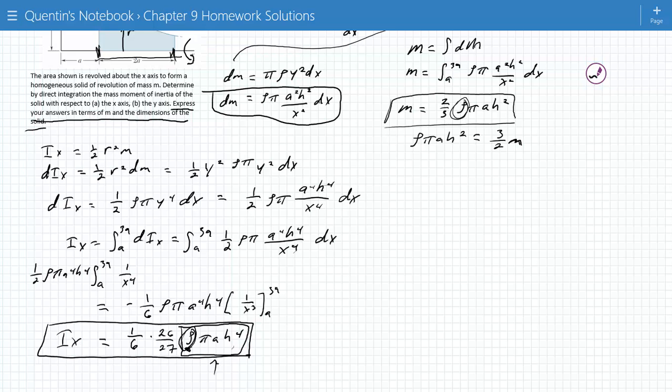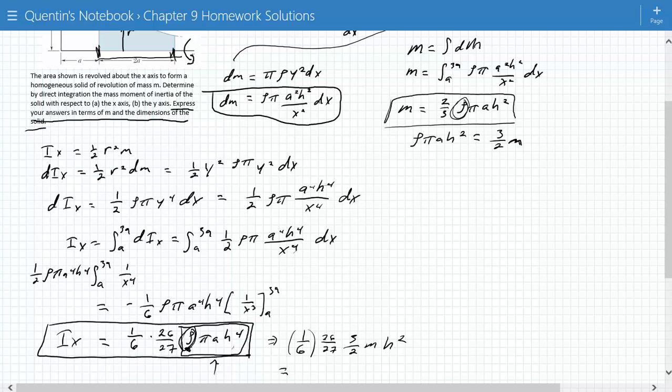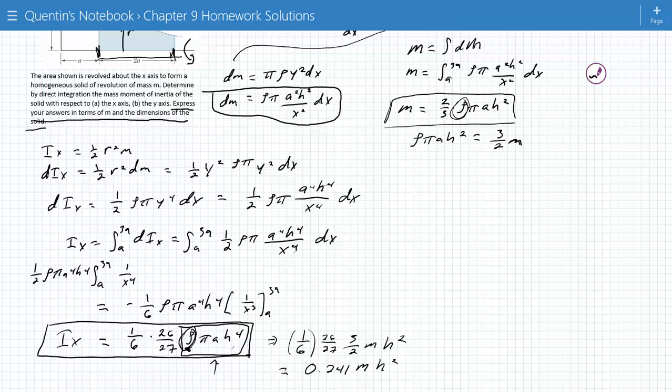Notice that this is h squared up here and h to the fourth down here, so therefore I'm going to say this is 1/6 times 26 over 27 times, and I'm going to replace this rho pi a h squared with 3/2 m, and there's still an h squared floating around there. So this ends up being an answer of 0.241 m h squared. So that is your Ix.